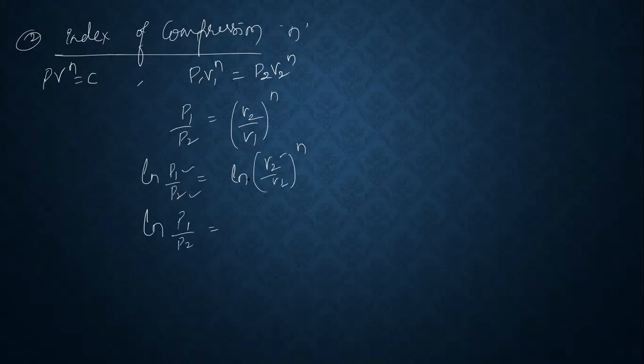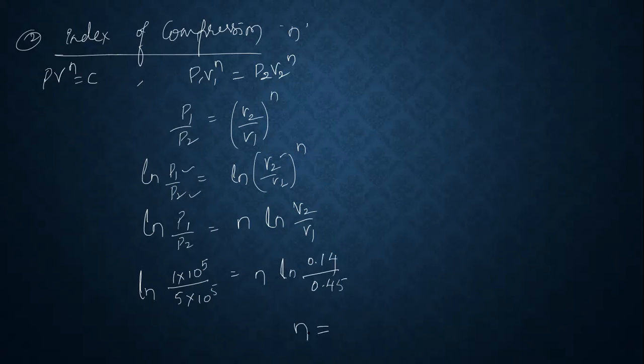If I apply the logarithmic rule, ln P1 by P2 is equal to n into ln V2 by V1. P1 is 1 into 10 to the power of 5, and P2 is 5 into 10 to the power of 5, and V2 is 0.13, and V1 is 0.45.